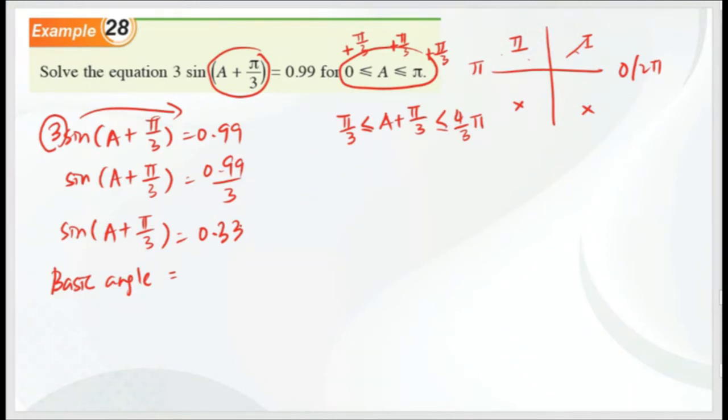So you have two methods. The first method is you change your calculator from degree into radian form first. You do the setting first. Or the other way is you press shift sine 0.33, so you get the answer in the degree form, right?